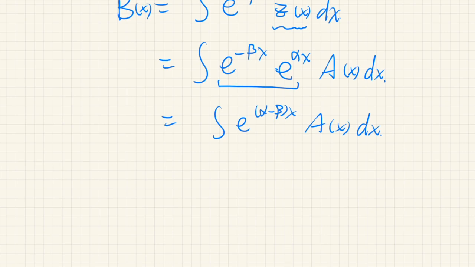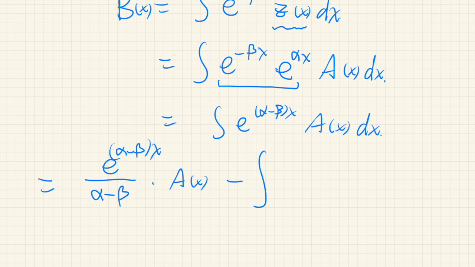Okay, and by integration by parts, let's see. So first integrate this, and we are assuming alpha is not equal to beta, so it's okay to divide by alpha minus beta, and exponential of this times a of x, minus, maybe we should put one of this here, exponential of this and a prime here.